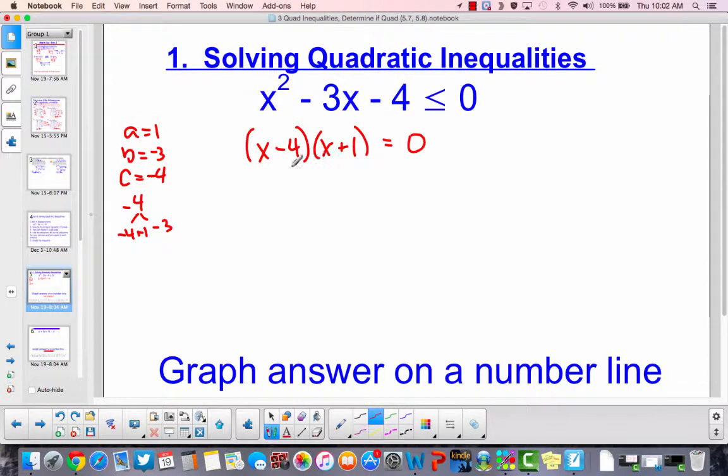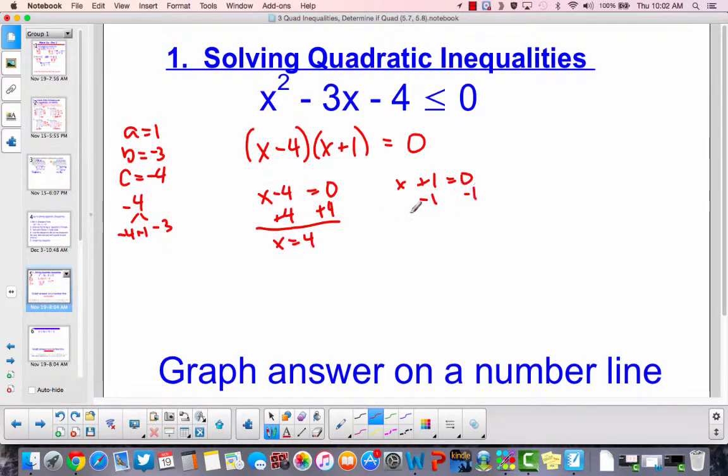Okay. So now I set each part equal to 0, just like we've done before. We've set x minus 4 equals 0. I don't really need those parentheses, do I? Now I say x plus 1 equals 0. Adding 4 to both sides, I get x equals 4.